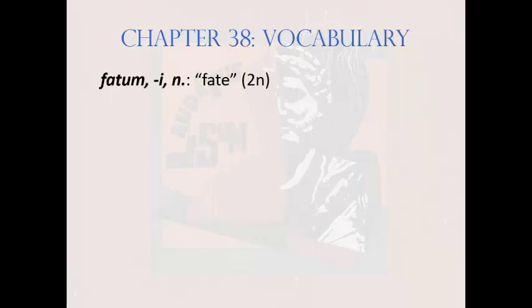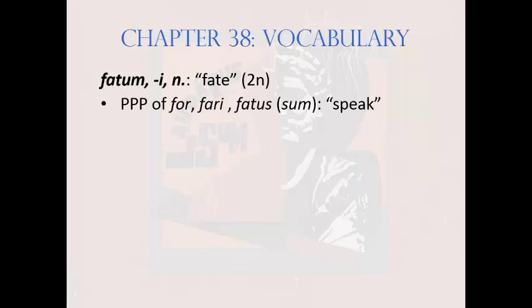The next word, fatum, fati, neuter, meaning fate, is a second declension noun. It's actually the perfect passive participle of a deponent verb we haven't studied, but probably should have, seeing as it's very widely used in Latin, for fari, fatus sum, meaning speak. You've seen the base fa in fama, meaning rumor, and fateor, meaning confess.